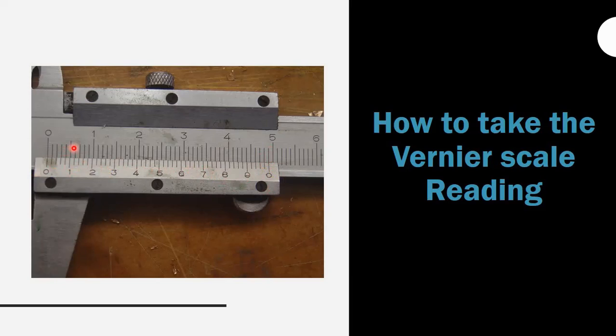The main scale's 49 sections are equal to the vernier scale's 50 sections. That is how you have measured the vernier constant.